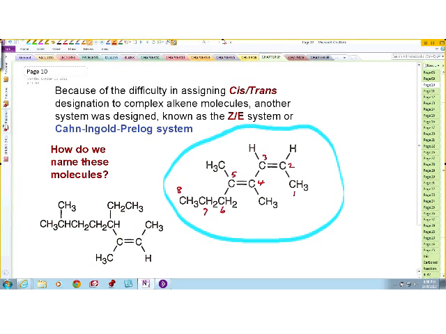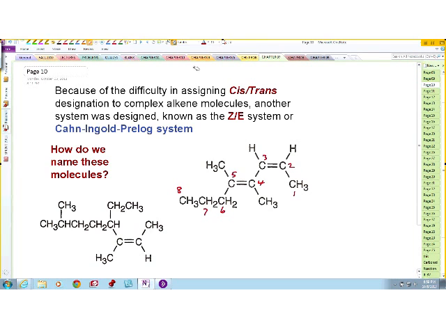Okay, what we need to do now is to name this molecule, which is to say that we also need to assign the E/Z stereochemistry for the carbon-carbon double bond. Which carbon-carbon double bond? We have 2 carbon-carbon double bonds here. Let us focus on the first one, between carbons 2 and 3. Let's focus on carbon 2 and assign the priority.